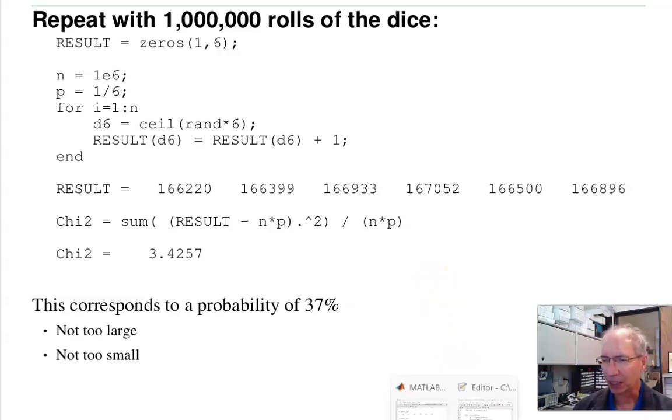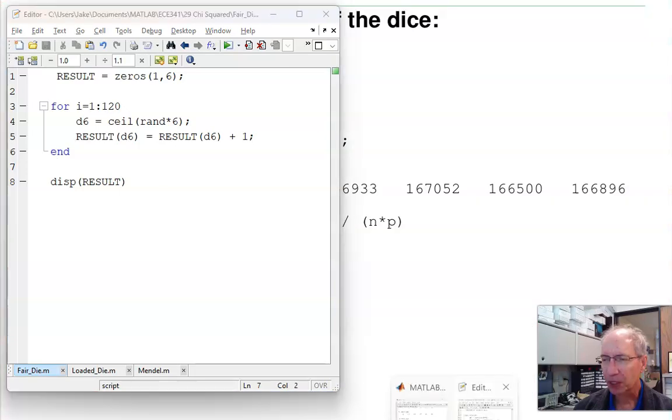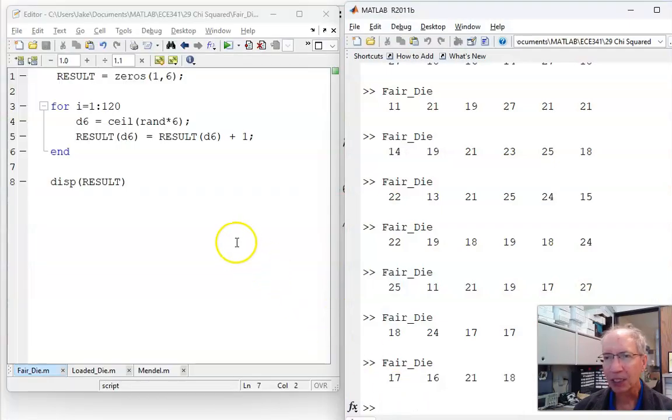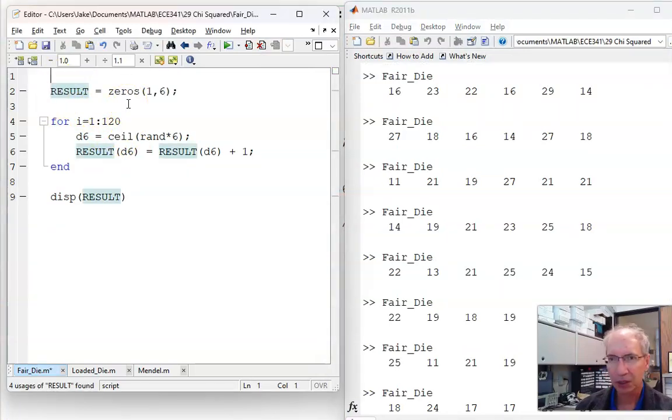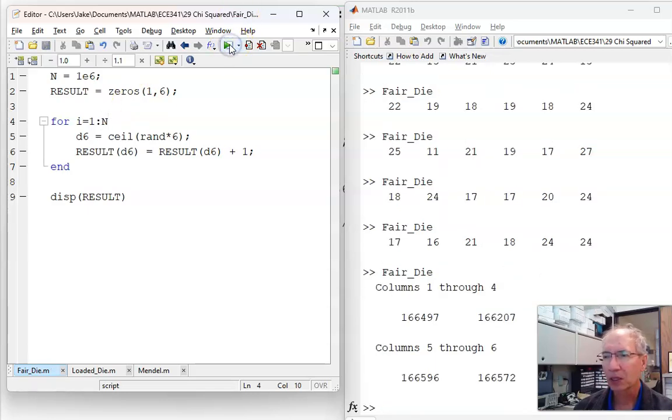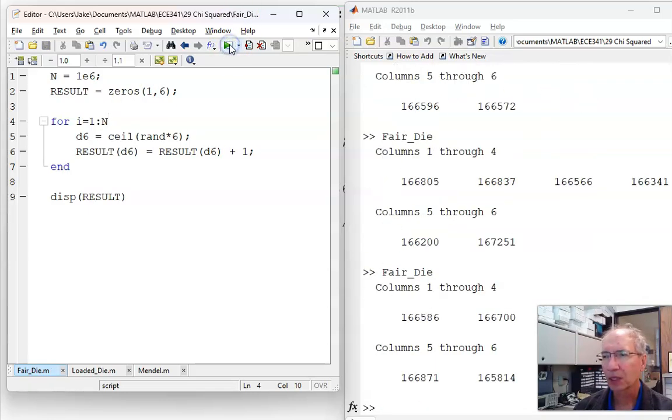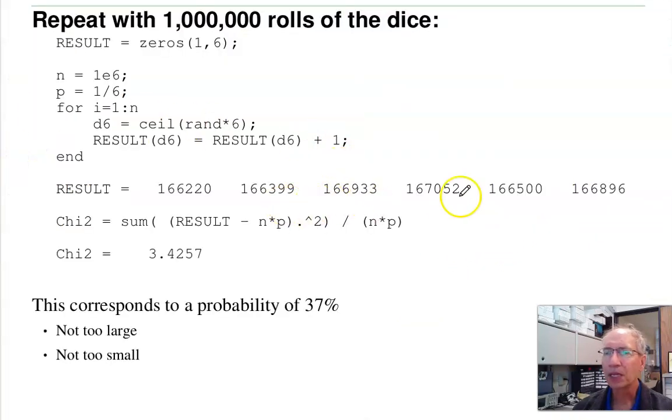you can kind of see the answers here. This is where MATLAB scripts are kind of nice. This is 120 rolls. Make that 1,000,000 rolls. And here's my answer. Take one of those, calculate the chi-squared score.